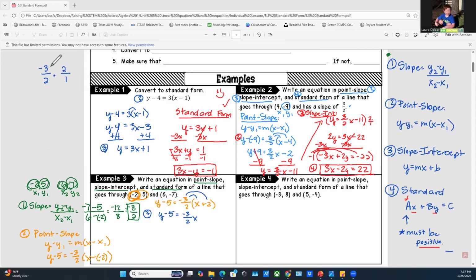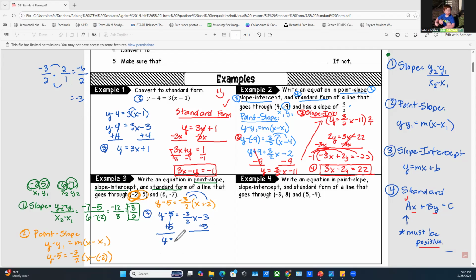So when we multiply these, it's negative 3 times 2 is negative 6. 2 times 1 is 2. So that's going to simplify to negative 3. Okay, we're almost in slope-intercept form. So we're going to add the 5. This cancels.